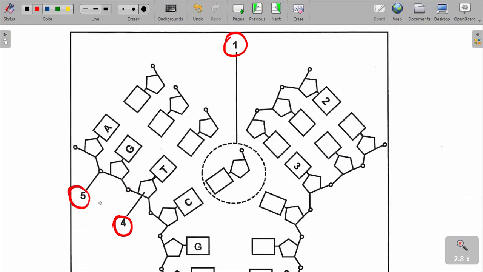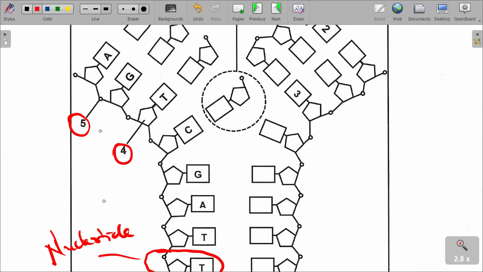So what happens here is that you are just given the structure of the nucleotide, and you are supposed to understand that a nucleotide is the basic monomer of the DNA structure, which consists of a phosphate group, deoxyribose sugar, and nitrogen base.